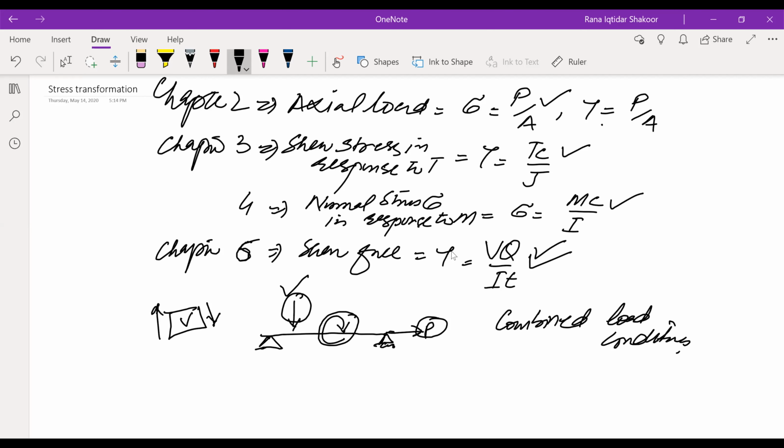In chapter 5, we draw beam bending moment and shear force diagrams.